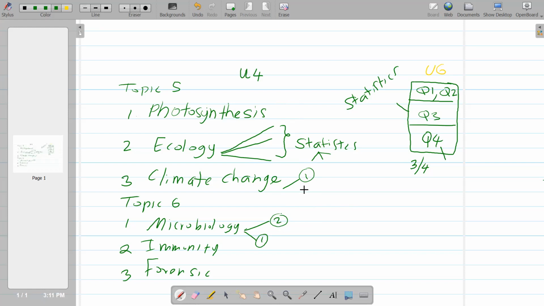So around 4 practicals we have to learn, required for the Unit 6 paper. This is the structure of Unit 4, but also important for Unit 6.